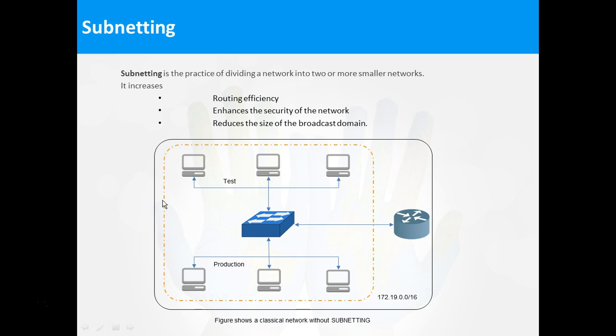You can see the network 172.19.0.0 has machines that belong to the test environment as well as the production environment. This is a small picture, whereas in a real-time scenario you have thousands and thousands of machines, where the management and complexity is too high with a single network domain.